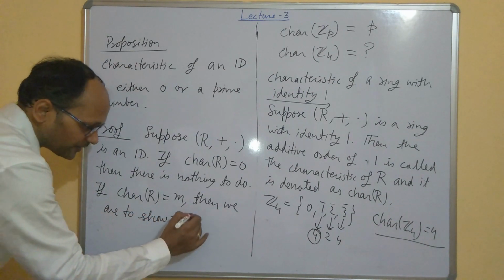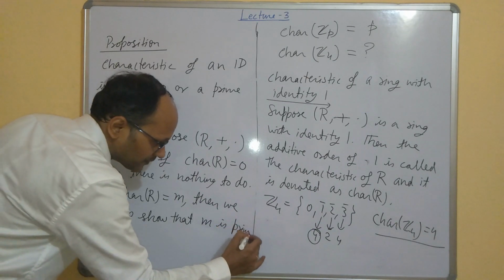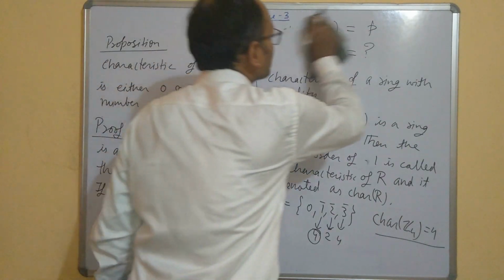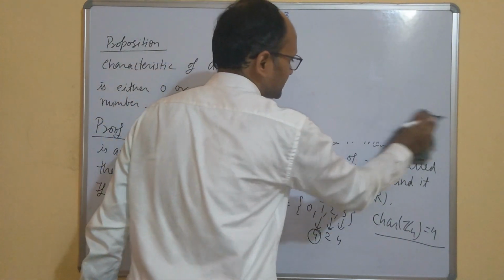that m is a prime number. Okay, so we will show it. Suppose m is not a prime number, then what will happen?